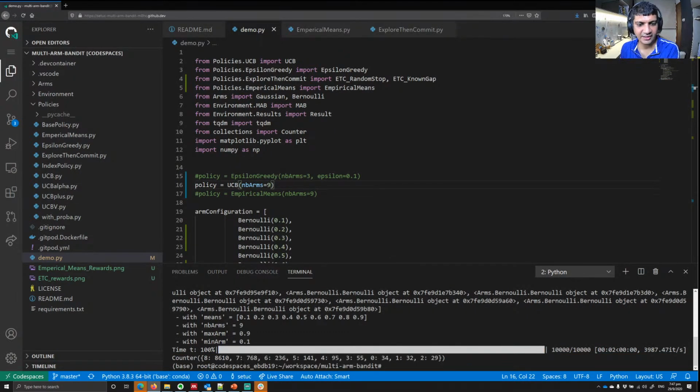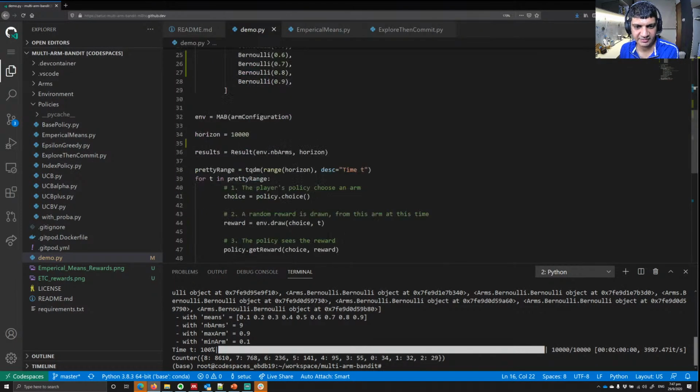Alright, so again you see that my arm 8 gets picked up, which is the Bernoulli with the probability of 0.9, and that's how we work that through. But you see that instead of the rest of the arms being very low, there is some amount of exploitation and some amount of exploration that keeps on happening, right?